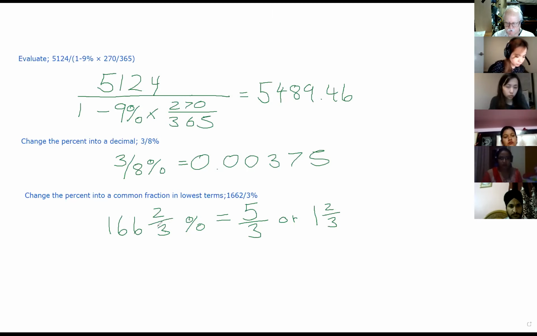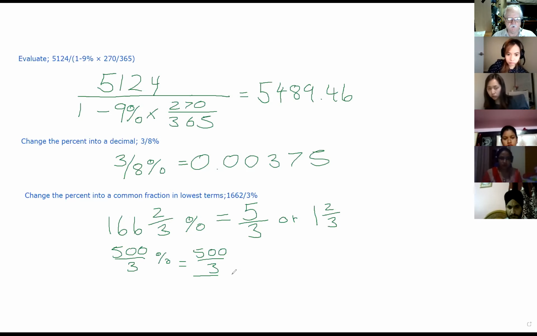So 3 times 166 is 498 plus 2. So this is really 500/3%. But we've got to get rid of the percent sign. So it's 500 over 3 over 100.